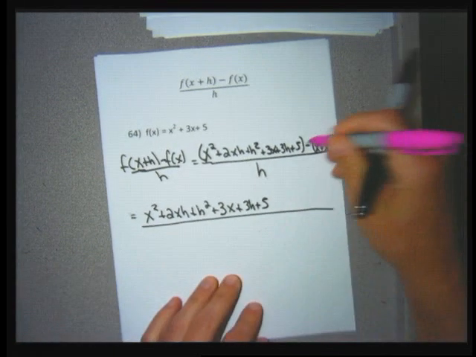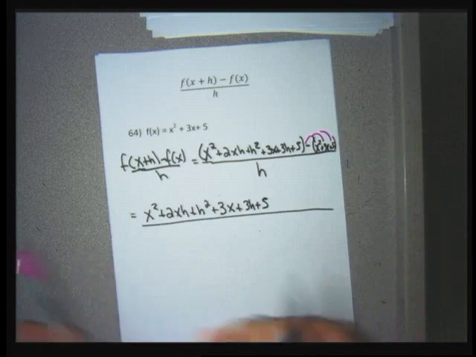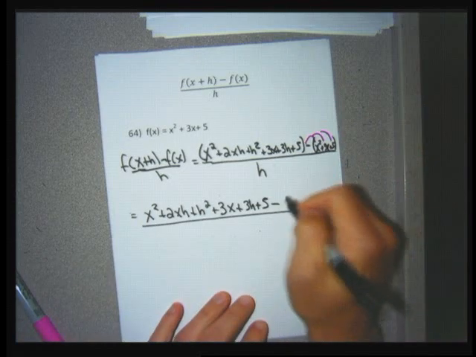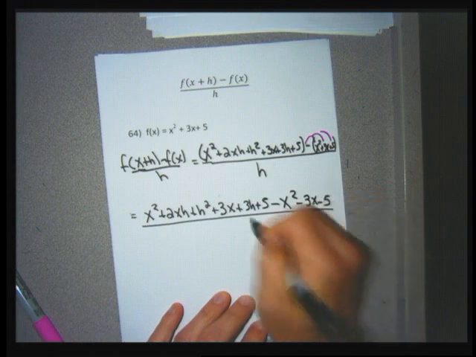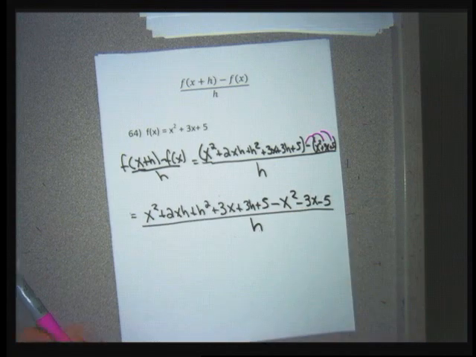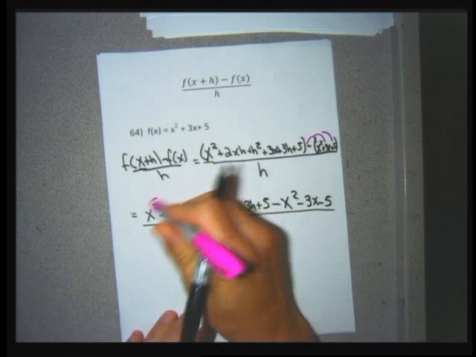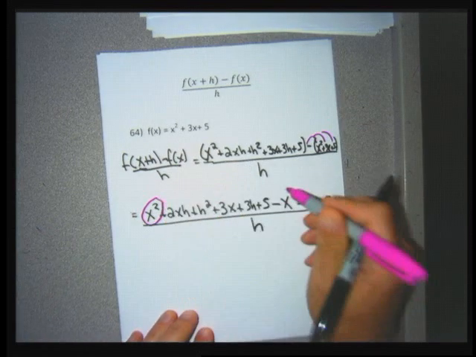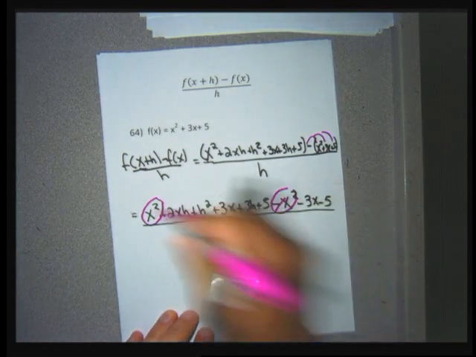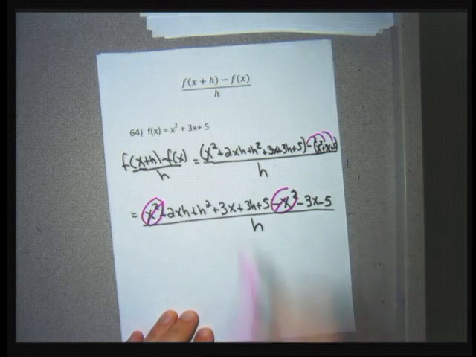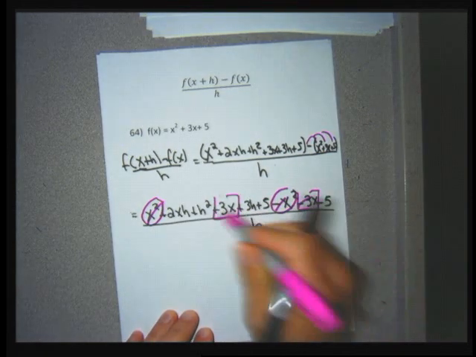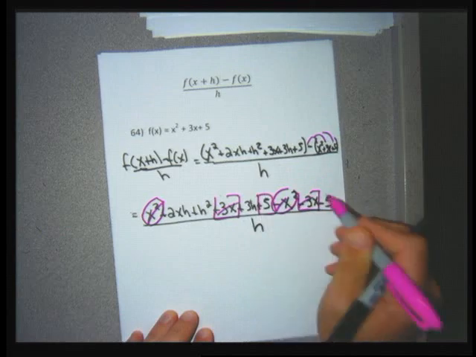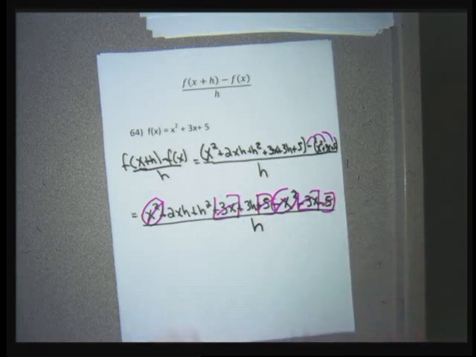The minus sign is going to attach to each of the terms in the second parentheses, and I'll get minus x squared minus 3x minus 5. Now I'm going to combine like terms. The pieces without the h's should cancel. This x squared, that minus x squared, they cancel. This 3x, this minus 3x, they cancel. This plus 5, that minus 5, they cancel.